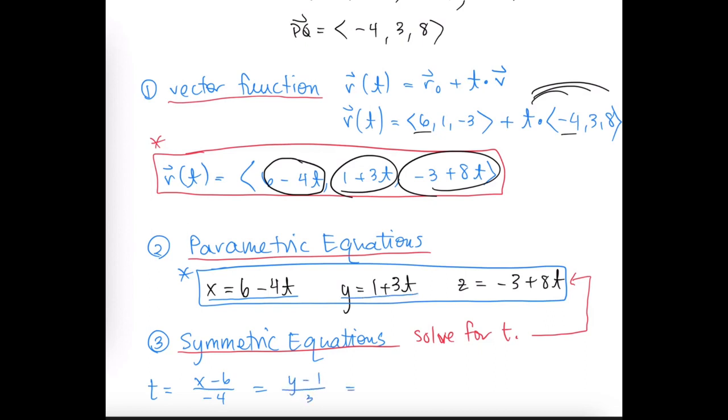And the z equation solved for t is going to be z plus 3 divided by 8. And we usually don't write this little t equals right here. We usually just write these three equations that are equal to each other. Yes, all of them are equal to t, but that just means that they're all equal to each other as well. And so we would then call these the symmetric equations for our line.